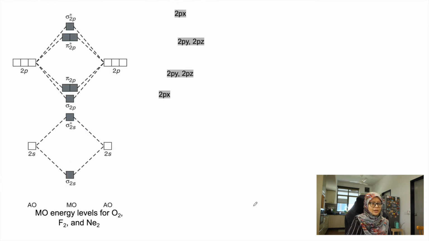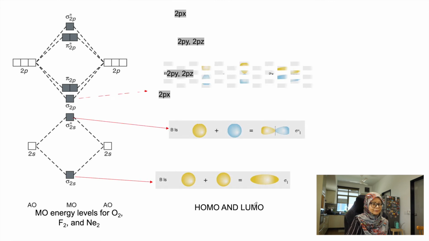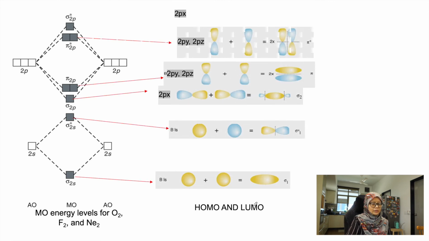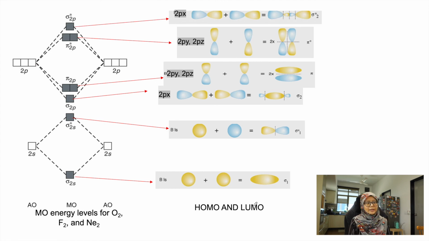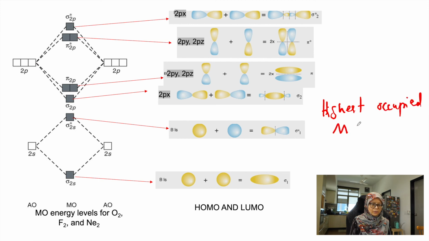Other than that, from this molecular orbital, other than the shape, you need to know the HOMO and also LUMO. What is HOMO? HOMO is the highest occupied molecular orbital.